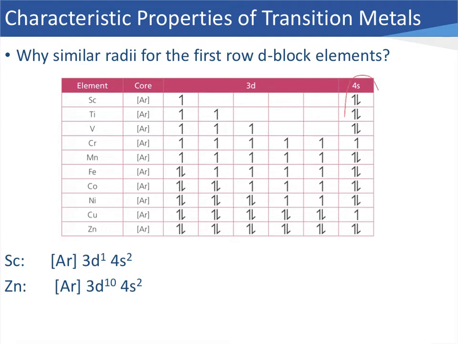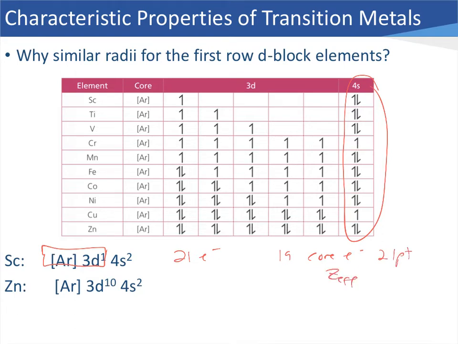They all have 4s2. So scandium has 21 electrons. It has 19 core electrons. Those are the 19 core electrons, so 21 protons. That means it has a Z effective of approximately +2. Zinc has 28 core electrons, 30 electrons, 30 protons, so that means it has a Z effective of approximately +2.